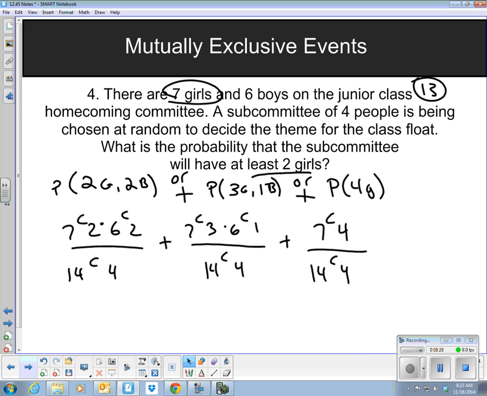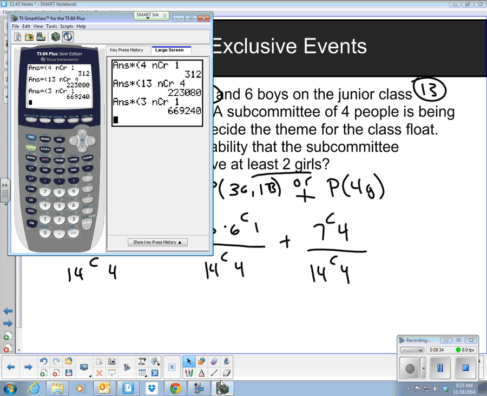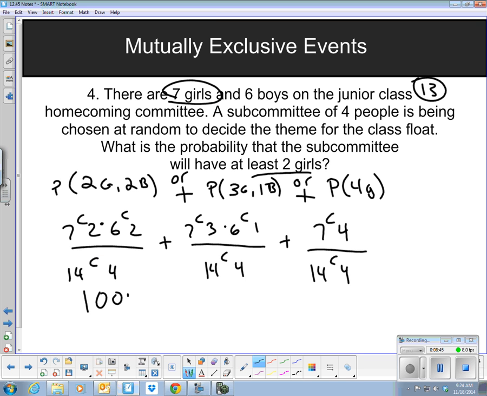So you've got to do a little bit of work with a calculator. Let's bring that up and take a look. First off, 14 choose 4 is going to be 1001. The numerators are going to be this.